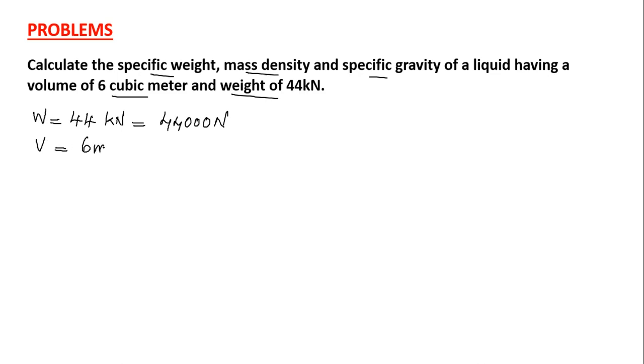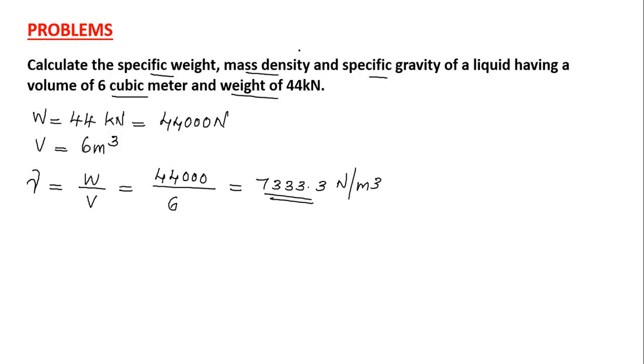Volume is 6 meter cube. So first question is to calculate specific weight. Specific weight or weight density is expressed by gamma. Gamma is weight by volume. So we will get it as 44,000 divided by 6, that is equal to 7333.3 Newton per meter cube.